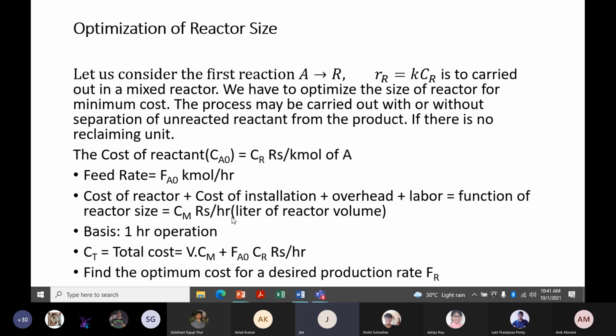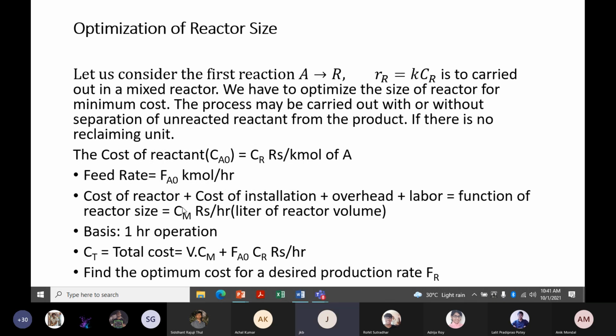Why is time used? Actually, for any installation, always some portion will be deducted as depreciation. So per year some cost is considered. So on a yearly basis or hourly basis we can consider the cost of the plant. So CM is in rupees per hour.